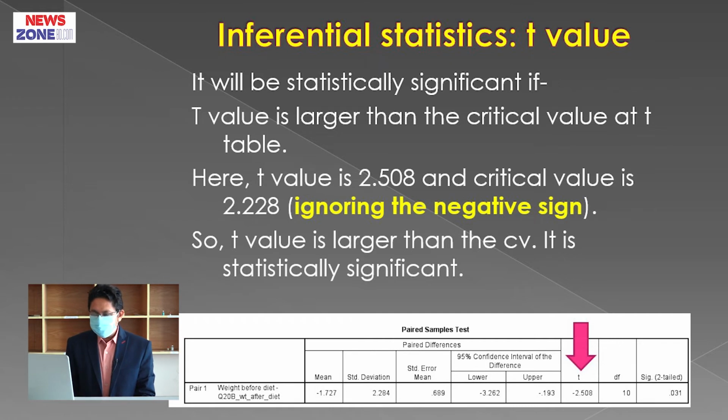Here there are several columns. We are going to discuss three important parts on which we shall conclude about the significance. So, first one is t value. T value will be statistically significant if the t value is larger than the critical value available on the student's t distribution table.